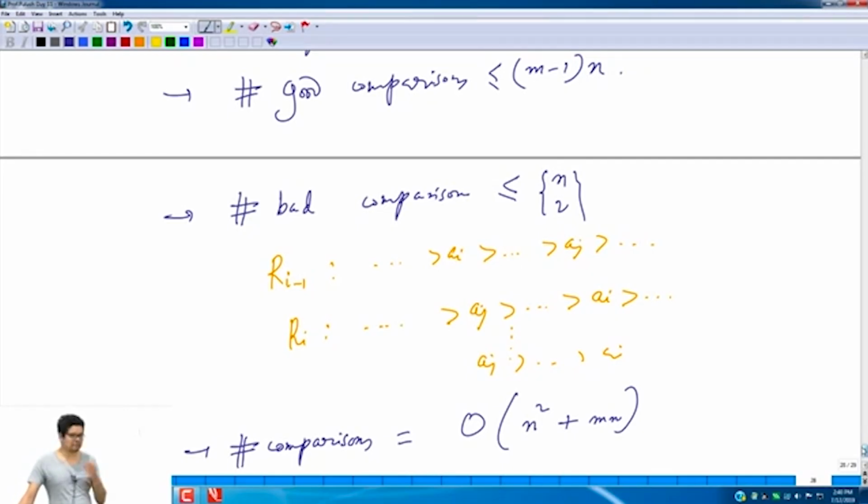If m, the number of people, is large, which is the case in our example, then what is the average number of queries you are asking? If you divide by m, it is N squared by m plus N, and if m is large compared to N, you are asking about N queries per voter, which is a saving from N log N.